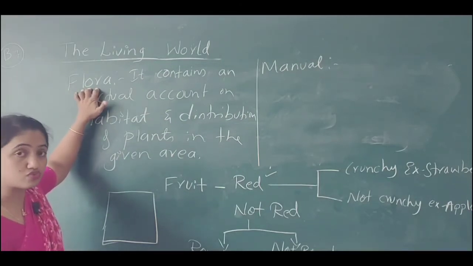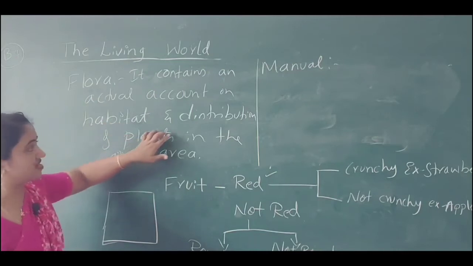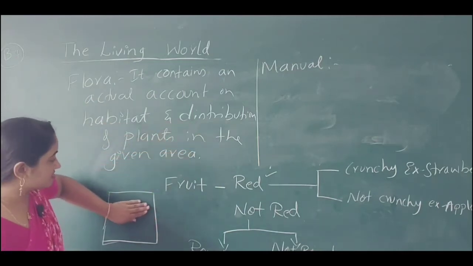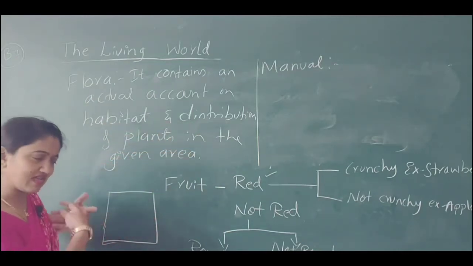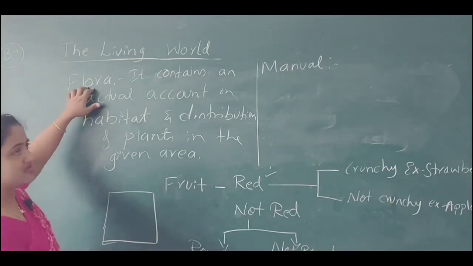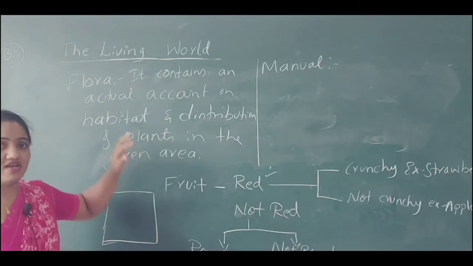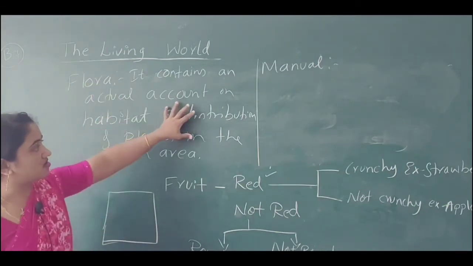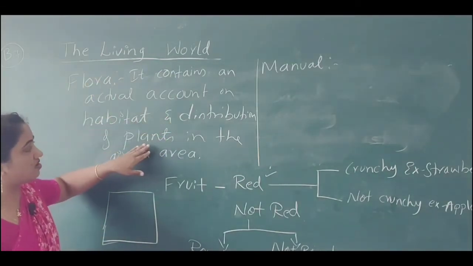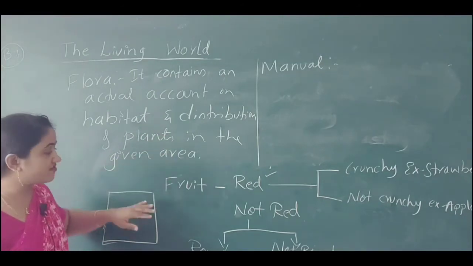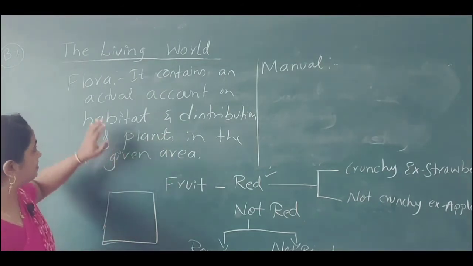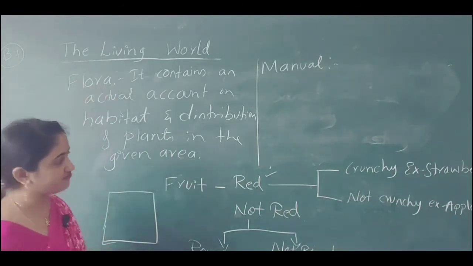If you want to know what type of plants are distributed in any area, there will be a taxonomical aid known as flora. In that flora, the habitat and all the plant names will be present.